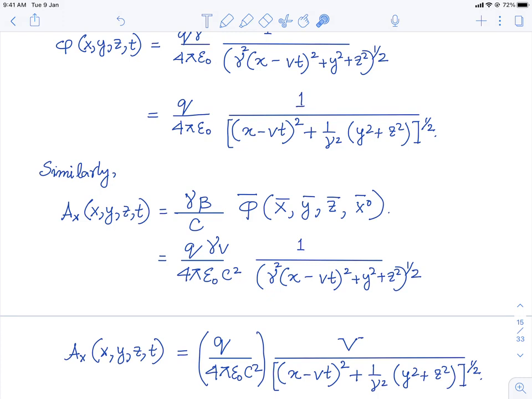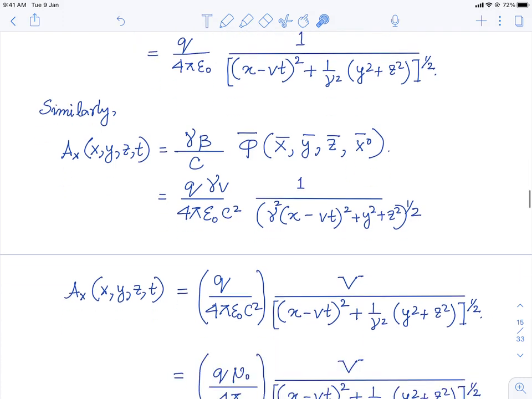So we know solutions where things are static as well as when things are moving with constant velocity without solving any equations. If we know the static solution, we know the solution where things are moving with constant velocity just by a coordinate transformation and the vector transformations, the way it happens in Lorentz transformations. Just by implementing that, we'll be able to figure it out. I hope this point is clear.